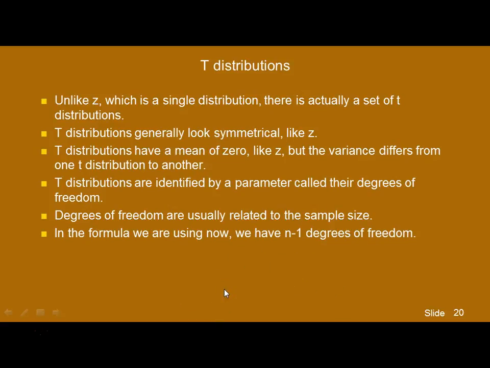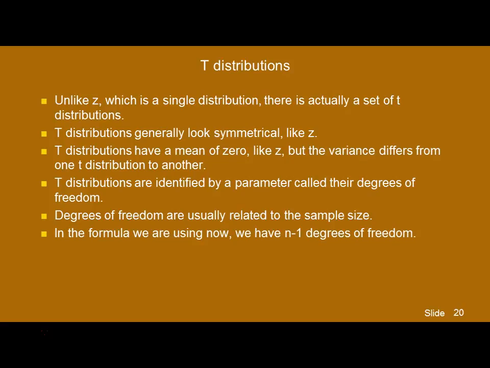Unlike z, which was a single normal distribution with a mean of 0 and a standard deviation of 1, you actually have a set of t distributions. You actually have an infinite number of them. In general, they are symmetrical like z, and they have a mean of 0 like z, but the variance of each t distribution differs from other t distributions.